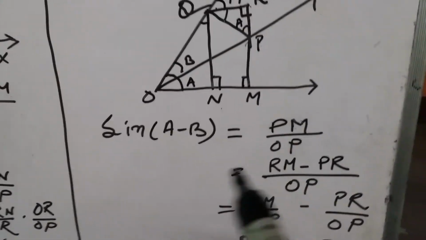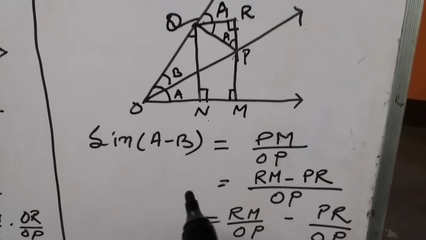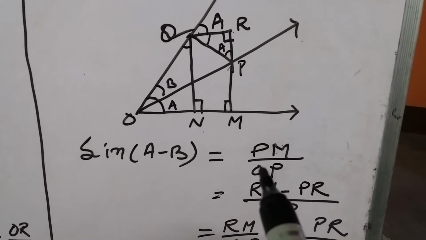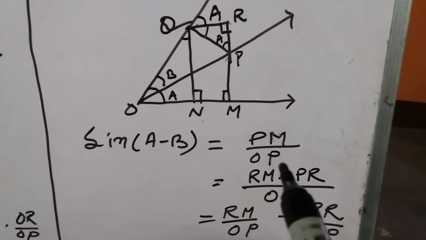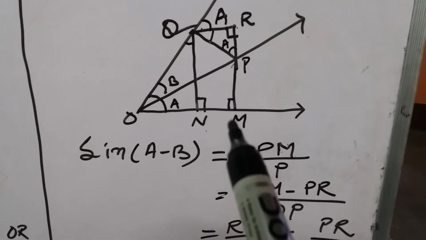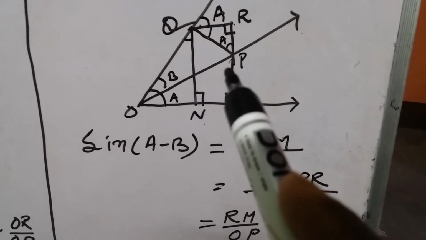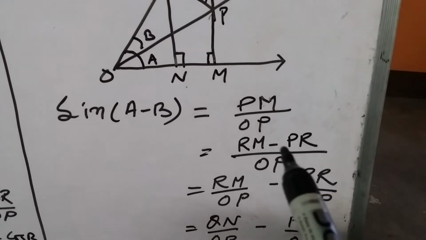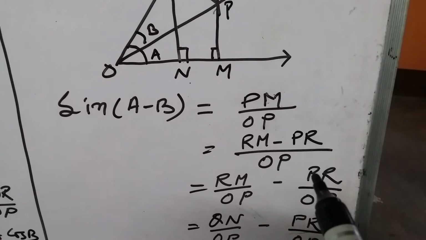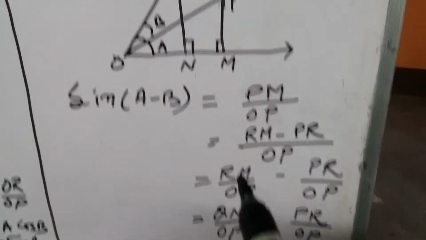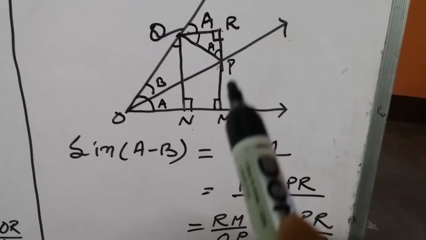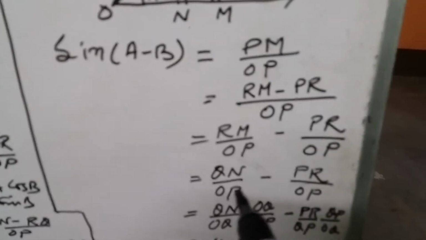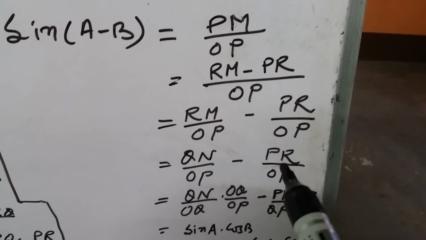Now sin(A-B) is equal to PM by OP. PM equal to RM minus RP, RM by OP, PR by OP. Now RM is equal to QN, QN by OP and PR by OP.